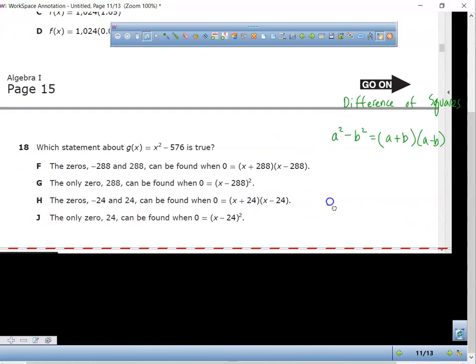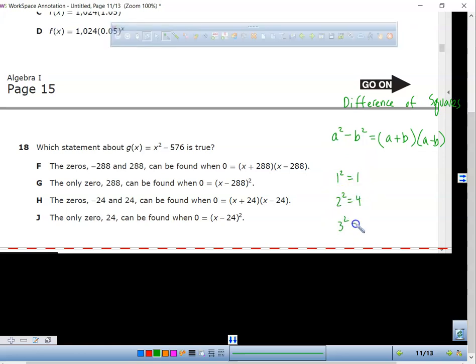Now, there are some squares that you just need to be aware of, okay? So, for example, if I say, what's 1 squared? You say 1. If I say 2 squared, that's 4. If I say 3 squared, that's 9. If I say 4 squared, that's 4 times 4, which is 16. 5 squared is 25. So these are all called perfect squares. This is another perfect square.